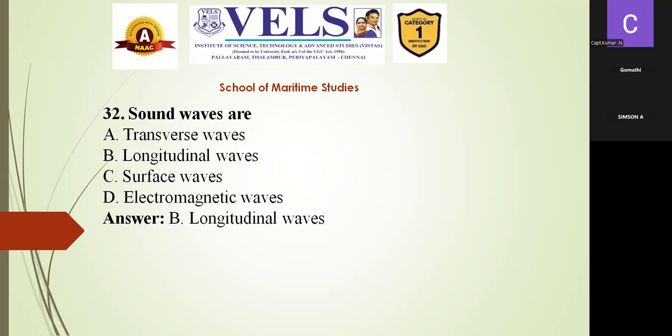Sound waves are: option A, transverse wave; option B, longitudinal wave; option C, surface waves. What is a transverse wave? Transverse wave motion is the wave motion in which particles of the medium execute simple harmonic motion about their mean position in a direction perpendicular to the direction of propagation of the wave.